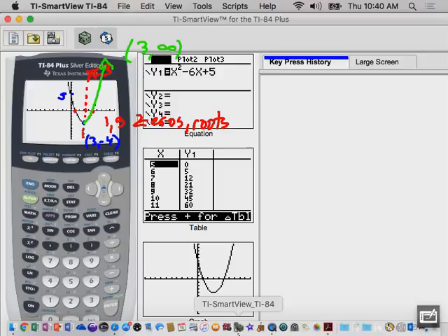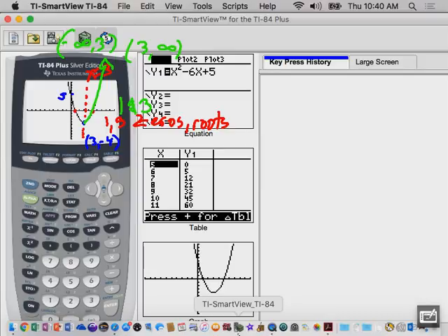Okay, so how do you write your roots? You could do this, 1 and 5. Now, next part, where is it decreasing? Sean? Negative infinity to 3, with the parentheses there.